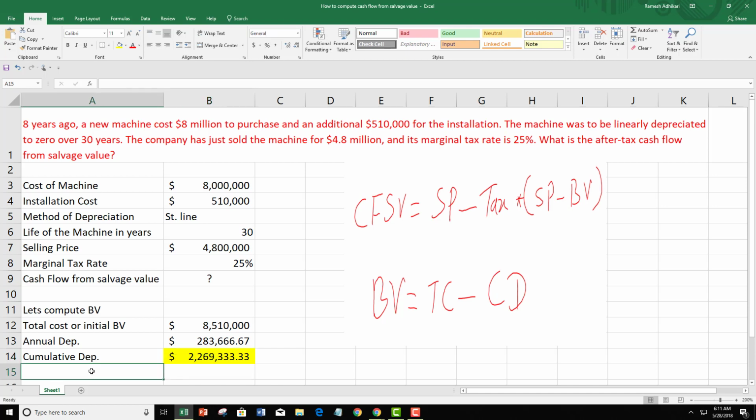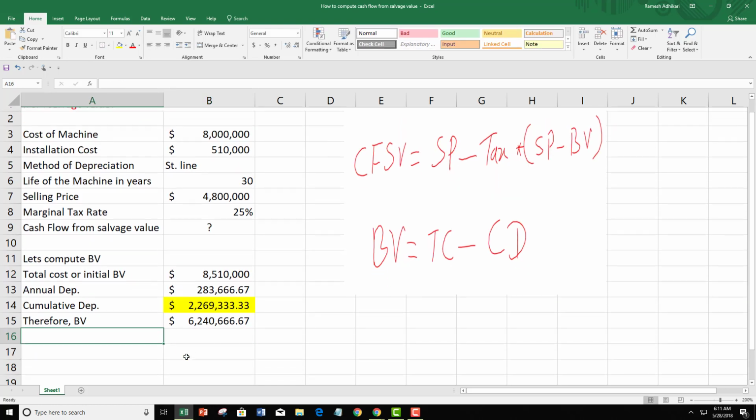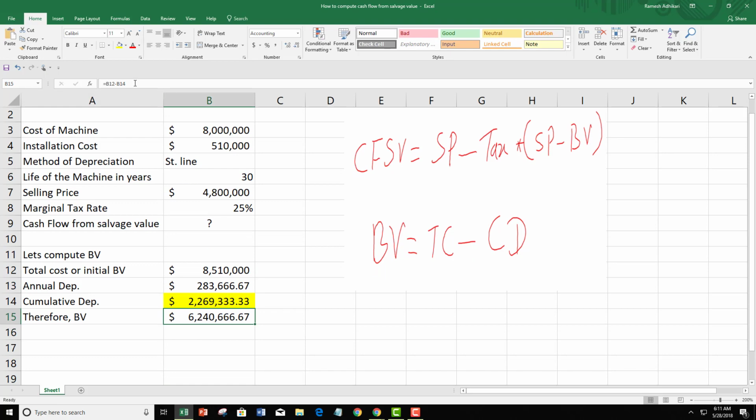So book value is going to be simply your initial cost minus the cumulative depreciation, and that gives us the book value, right? Okay, so now we have book value.